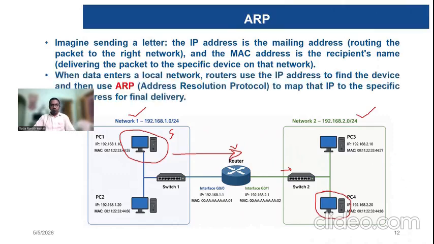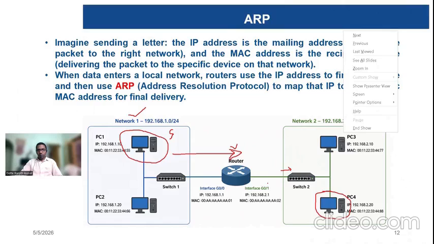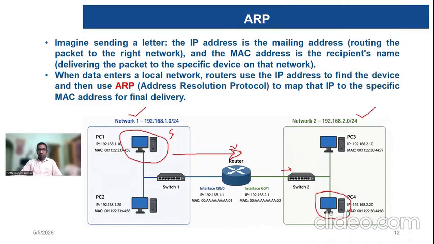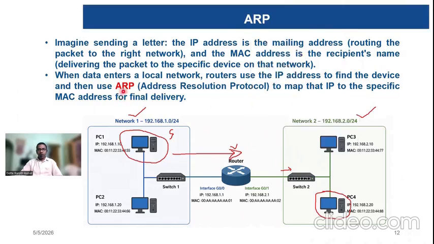So in order to know the MAC address of a particular system by using the IP address, here ARP protocol will be used. Because only with the IP address, we cannot communicate with the destination.